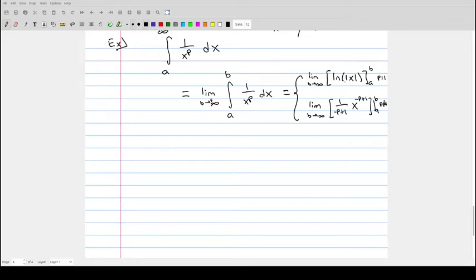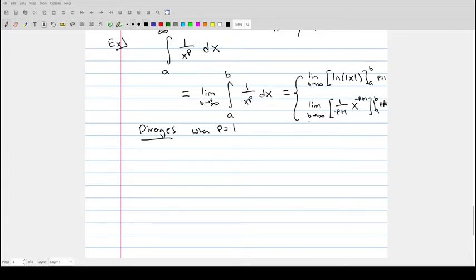So we've already seen that this limit right here as b goes to infinity of this expression when p is equal to 1 is positive infinity. So the integral diverges when p is equal to 1.